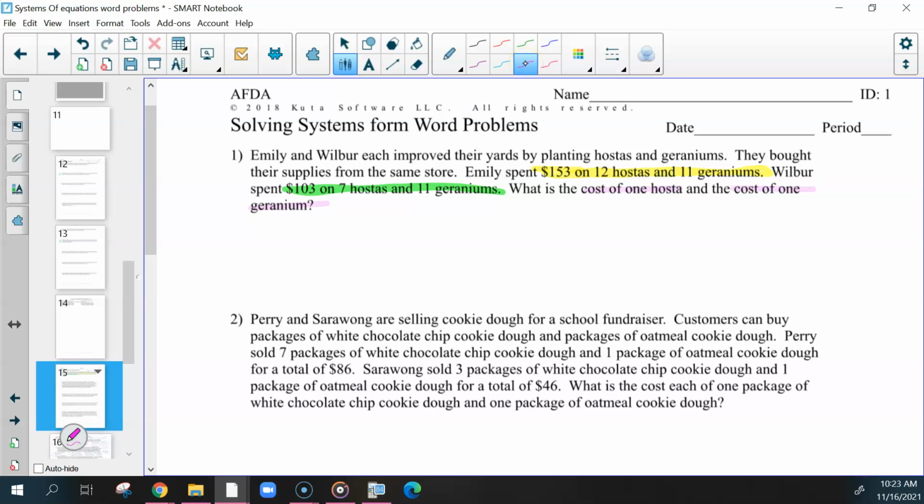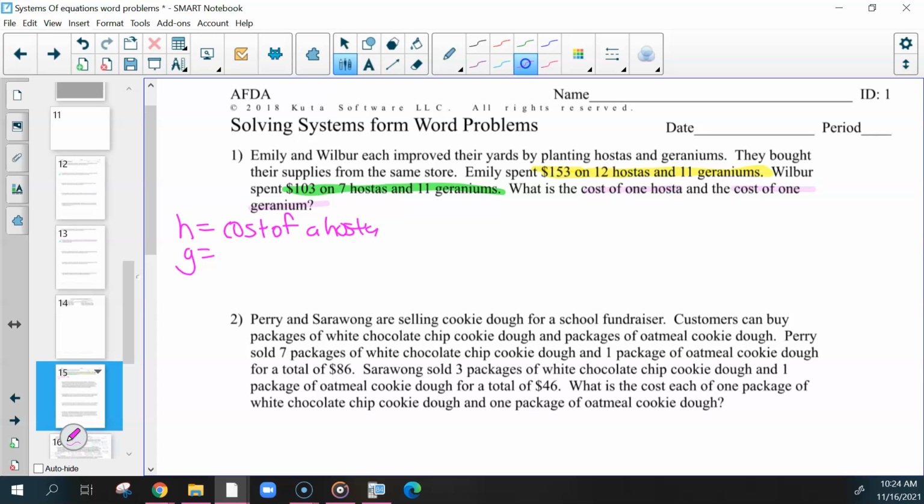Call them H and G, X and Y, whatever you want. If you call them H and G, later, because we're doing a graphing example, we'll have to change it to X and Y, but that's fine. And be specific when you're defining these: cost of a hosta.